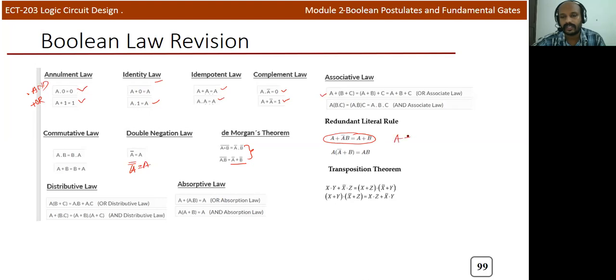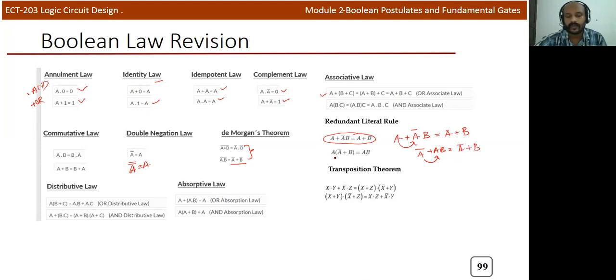So make sure that there is a variable a, and the complement of the first variable is here, and another variable. So you can simply write it as a plus b. We can reduce this complement term. This can also be written like this: a plus a bar b. The complement of the term is here, so you can reduce this particular term and write a plus b.